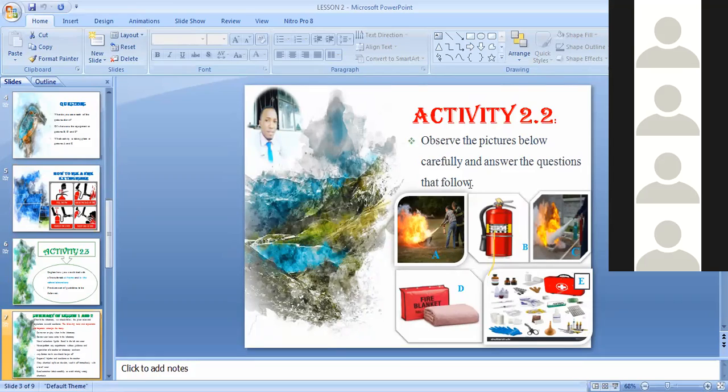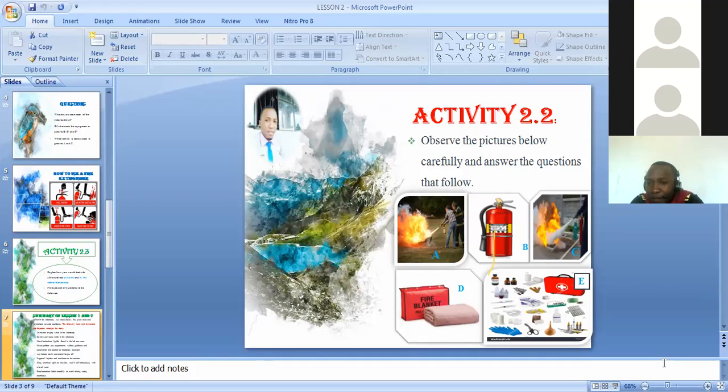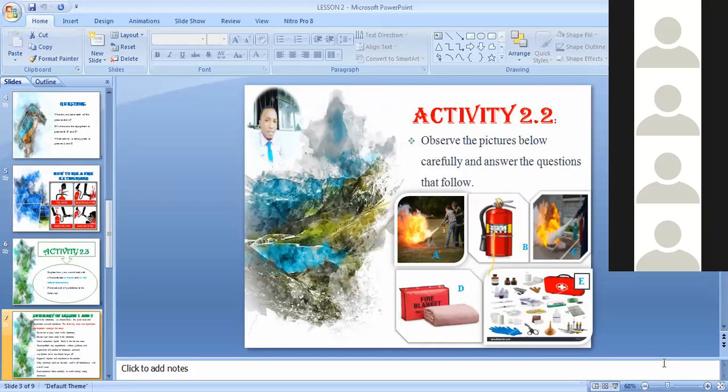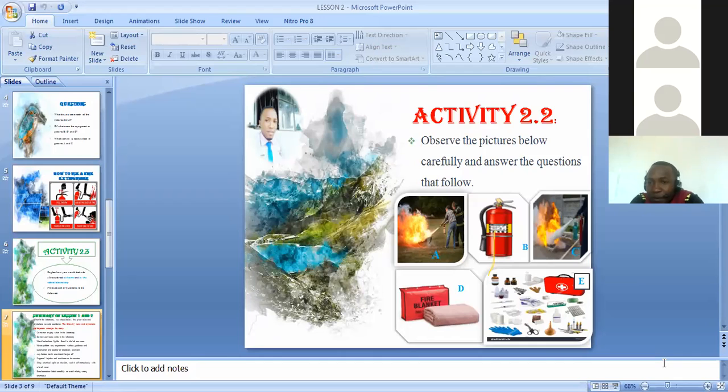I'm seeing participants raising up hands at a faster rate here. I was looking for somebody who was giving us the first response in this lesson, but whoever is raising up a hand has already contributed.